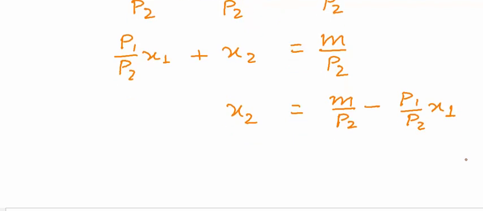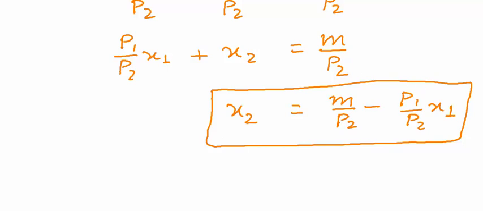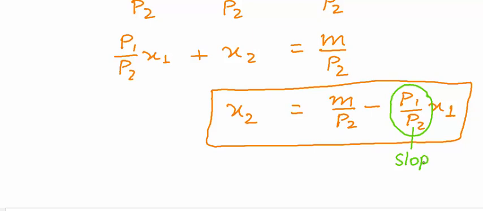This is the equation of straight line BL with vertical intercept of M by P2 and the slope given by P1 by P2. So here P1 by P2 gives the slope of the line and M by P2 gives us the vertical intercept.